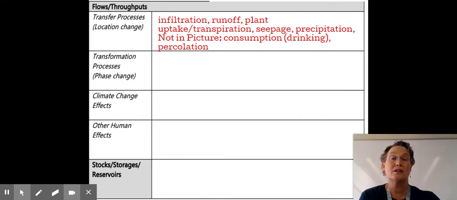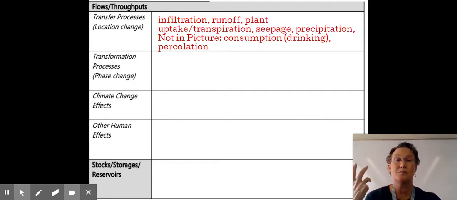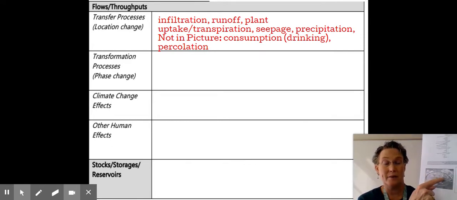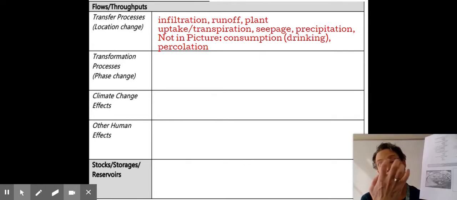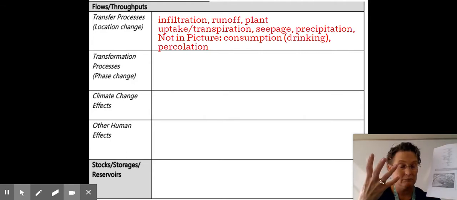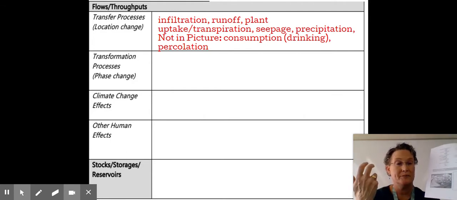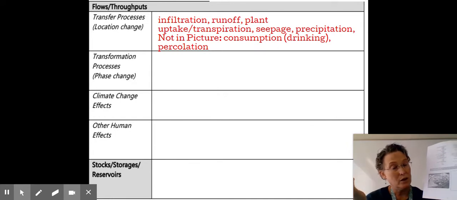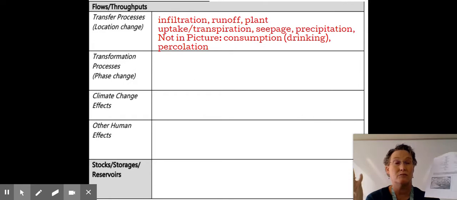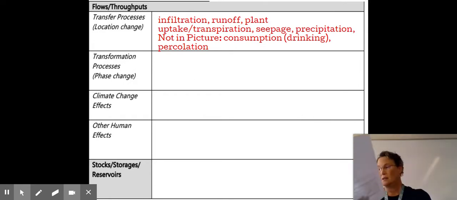So infiltration, runoff, plant uptake and transpiration, seepage, precipitation, and those things are all here in the picture, so you should recognize that, maybe go through and identify them all in here and make sure you understand them. And in the picture, we don't have drinking and we don't have percolation. But really, the amount of water people drink doesn't change the whole hydrologic cycle as far as we're looking at it for the whole Earth.